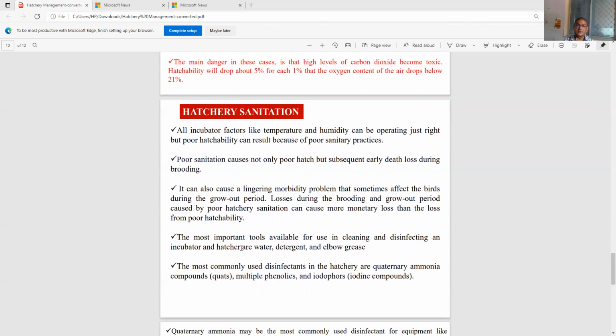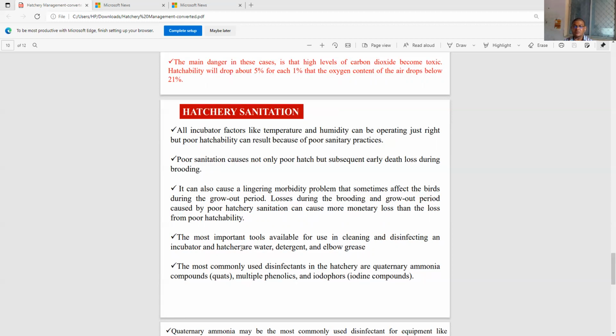Hatchery sanitation. All incubation factors like temperature and humidity can be regulated just right, but poor hatchability can result because of poor genetic practices. Poor sanitation causes not only poor hatch, but subsequently early death loss during brooding.